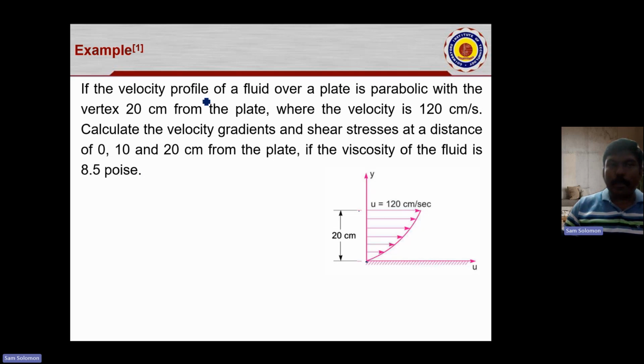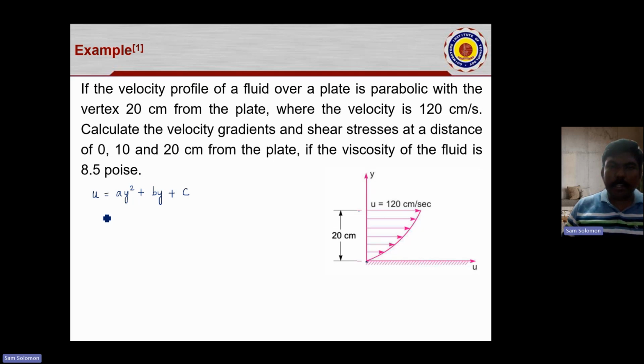Okay, they have said that the velocity profile is going to be parabolic. So we can write this as u is ay squared plus by plus c. This is the equation that we can have for a velocity profile which is parabolic.